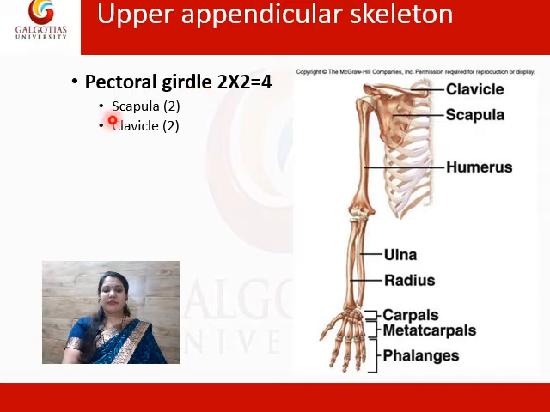In the pectoral girdle, we have two scapulae, one on each side, and two clavicles, one on each side, totaling 4 in number. The clavicle is called the collarbone, and the scapula is a flat triangular bone at the back of the human body.